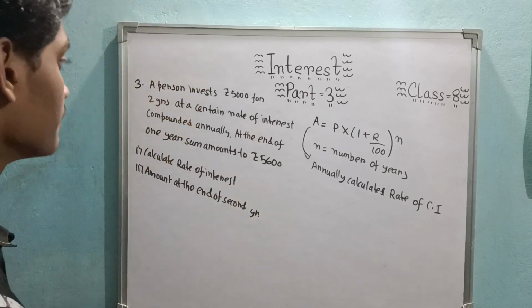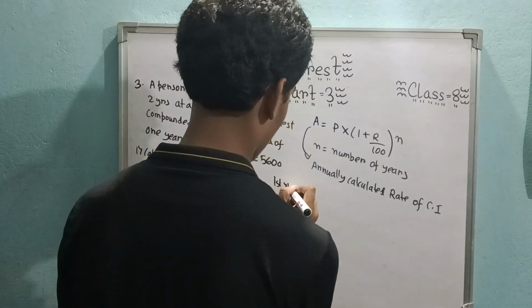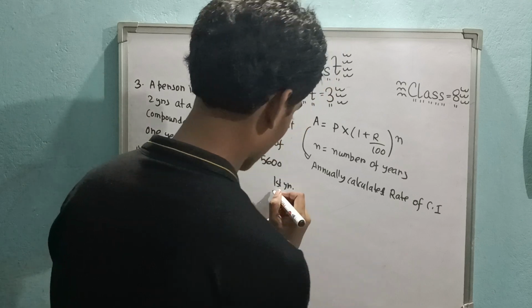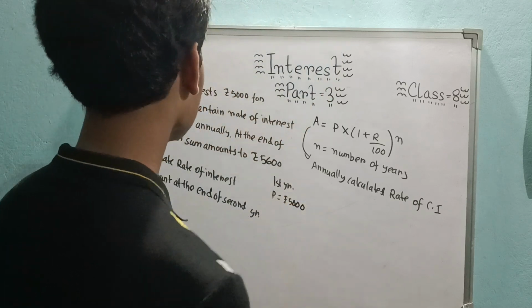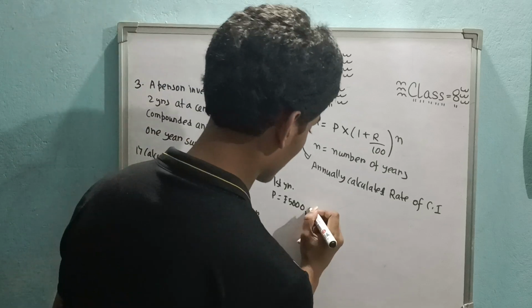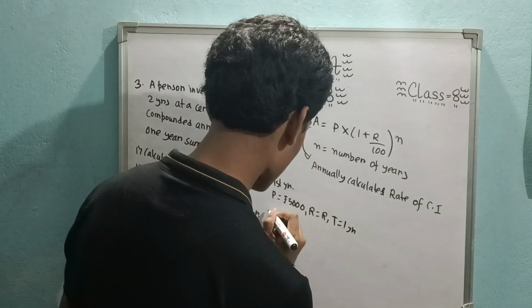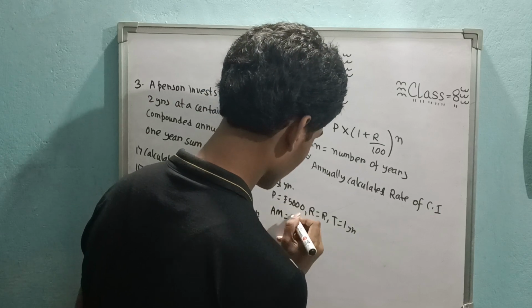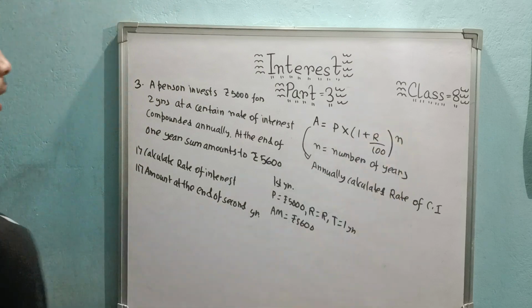So see, if I go for the first year, what is my principal? 5,000. What is my rate of interest? I don't know. Time will be 1 year, and my amount is this. Now, put all these things in this formula.